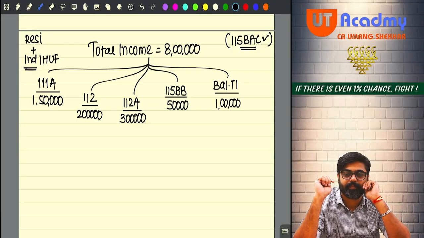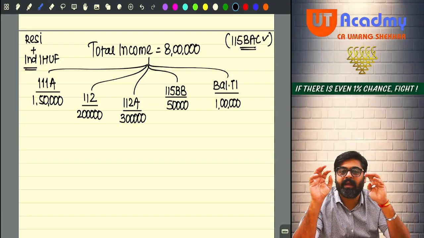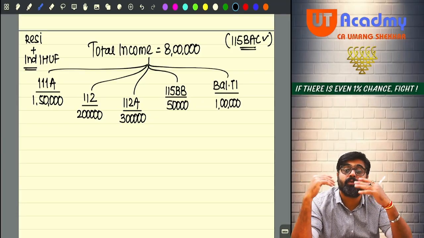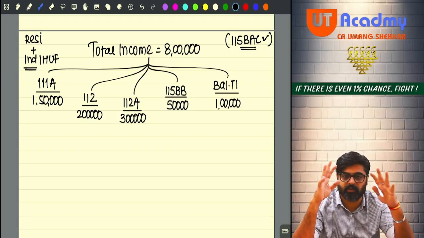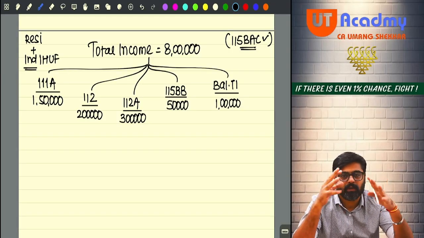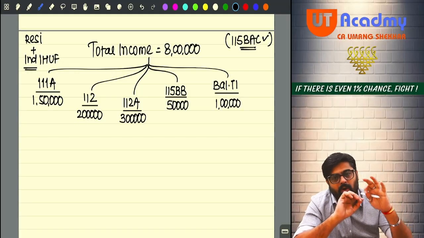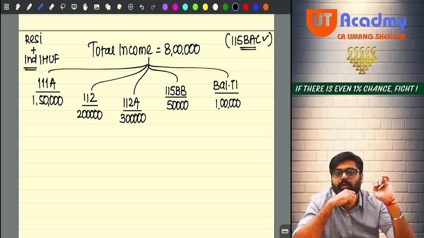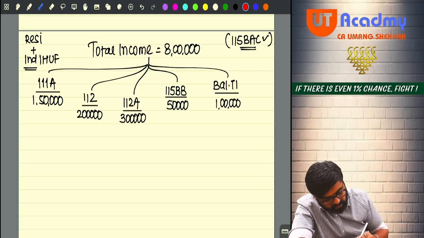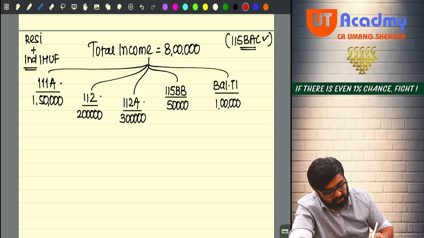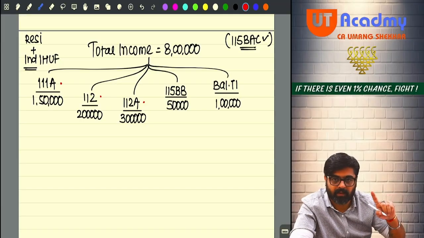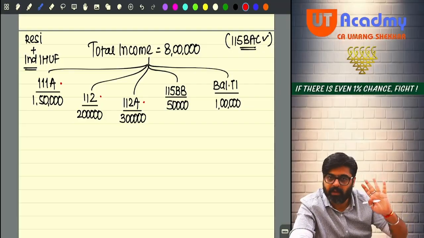Now tell me, if I assume that all the capital assets are transferred on or after 23rd July, what will be the tax rates? On 111A taxable at 20%, on 112 taxable at 12.5%, 112A not taxable up to 1,25,000 and over and above that 12.5%, winnings always taxable at 30%, and balance total income.